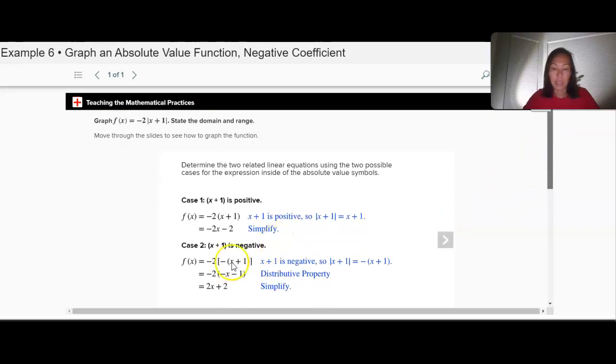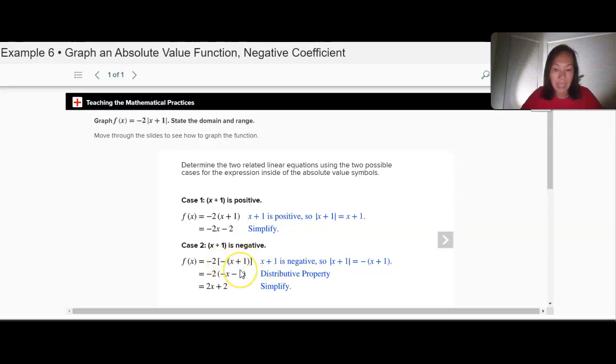But if x plus 1 is positive, if this is a positive number, then what comes out is just that number itself, x plus 1, right? But if x plus 1 is a negative number, so inside the absolute value, if I have negative 3 in there, then what comes out is the opposite of that, positive 3.